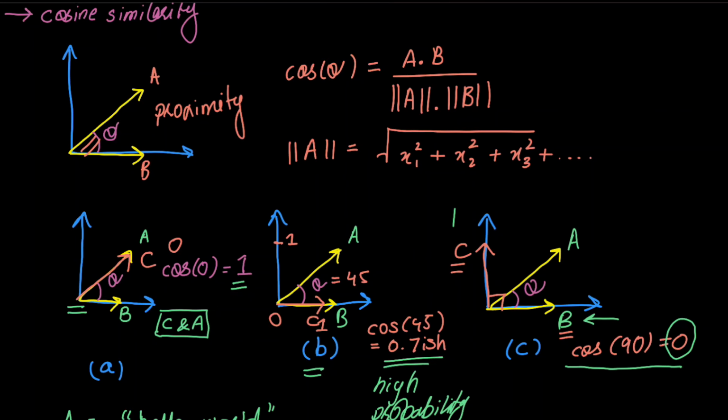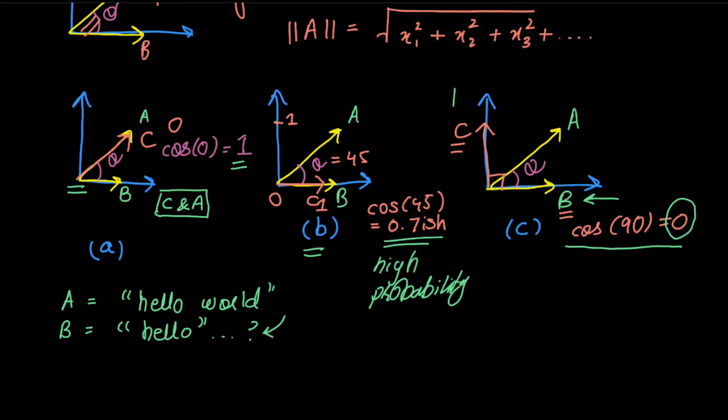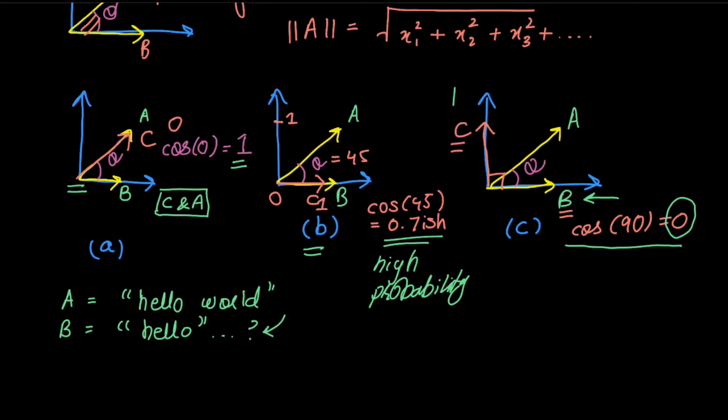Whenever you have vectors, obviously there will be tons of numbers within just one token. We're just talking about two tokens over here, hello and world. But in a real-life example, there can be hundreds or thousands of tokens for a particular sentence, so there can be n number of dimensions.